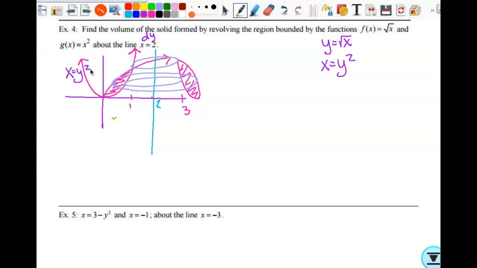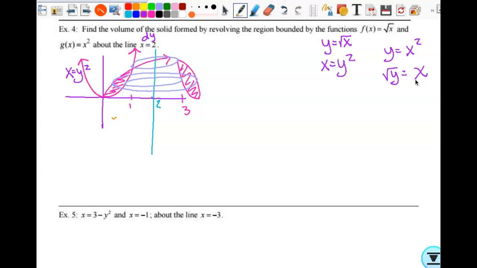And then I have y equals x squared. So I take the square root of both sides, and I get the square root of y is equal to x. Now it's technically plus or minus x, but all I have is the positive part of it. So that's good.